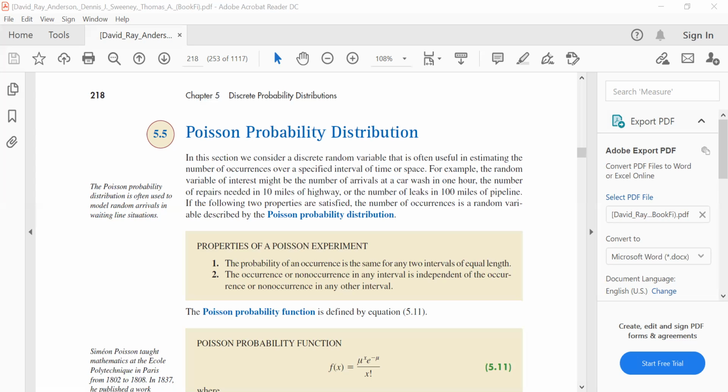Consider the number of telemarketing phone calls received by Mr. Abdullah during a given day.